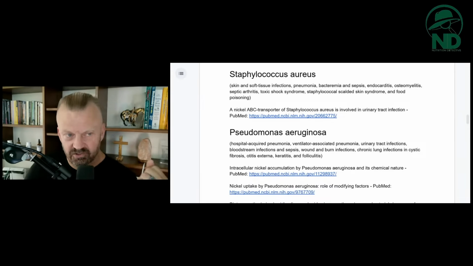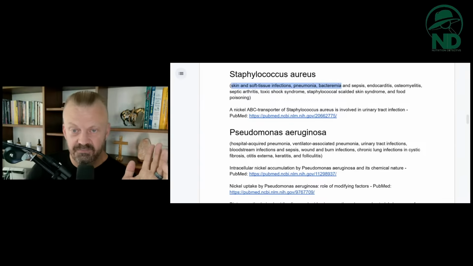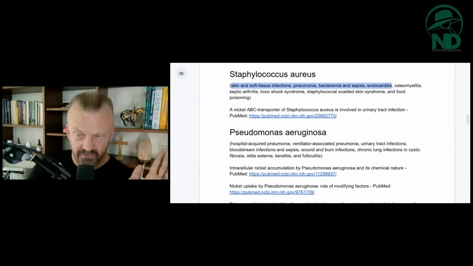Staph aureus, just the regular kind, can be associated with skin and soft tissue infections, pneumonia, bacteremia, that's bacteria in your blood, and sepsis, endocarditis, so that's the inflammation of the heart lining, osteomyelitis, infection of the bone, septic arthritis, toxic shock syndrome, staphylococcal scalded skin syndrome, and food poisoning.